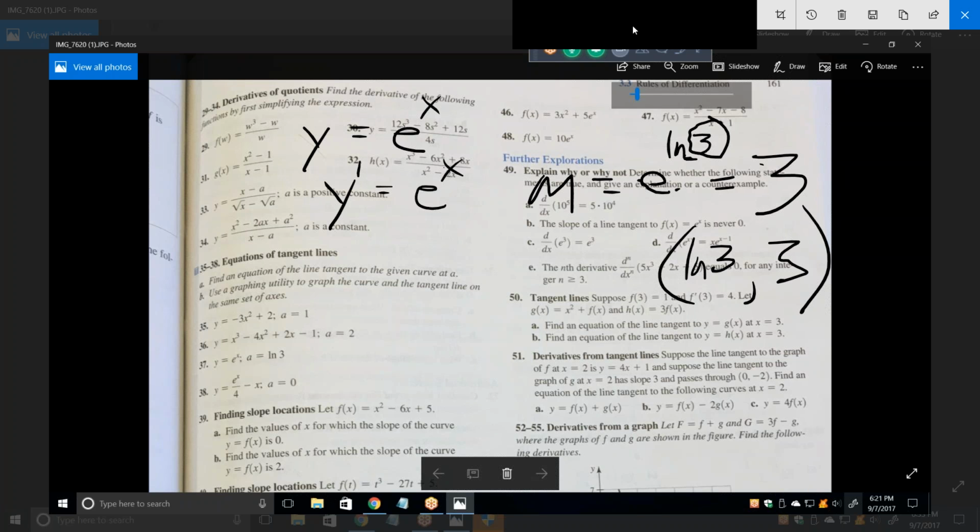So there's our x and y value. We have a slope. Tell me what the equation is.